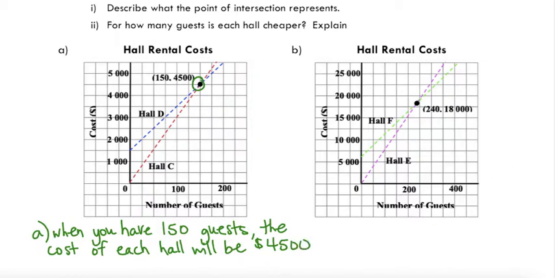So if you're inviting exactly 150 guests, it doesn't matter whether you rent hall C or hall D in this case.